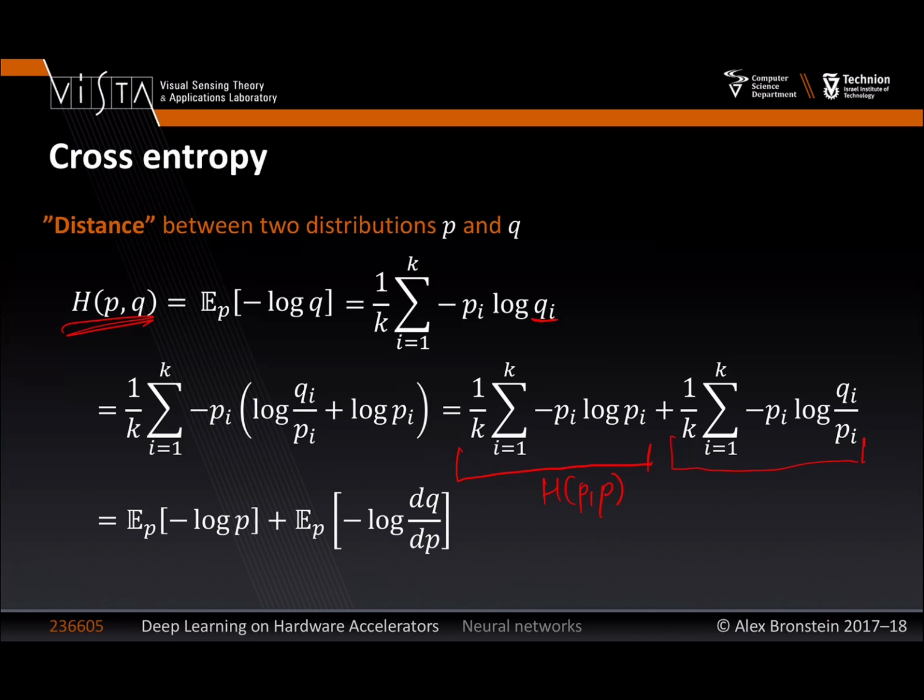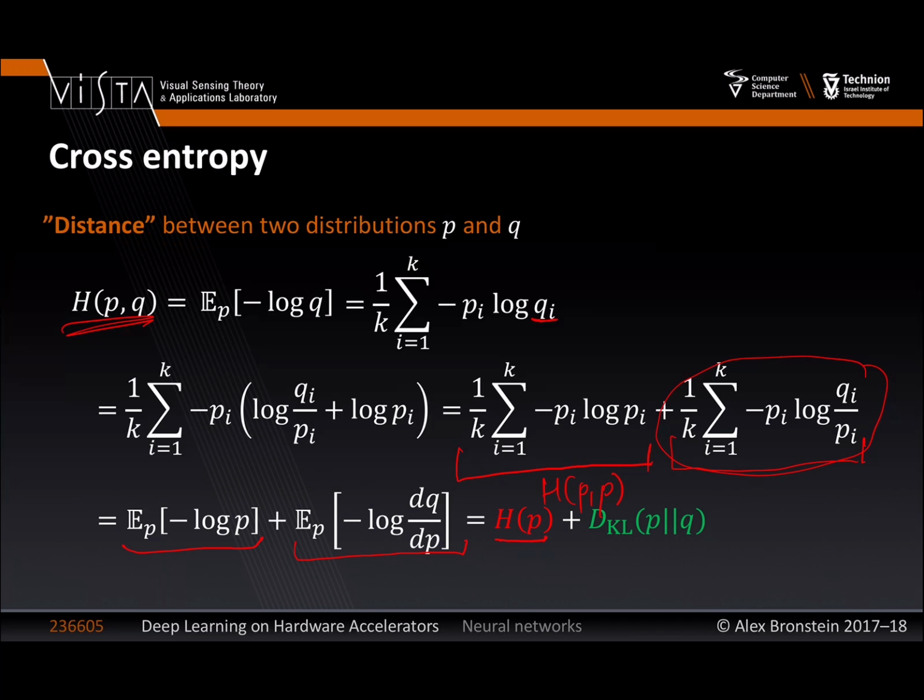This would be the expectation of minus log p with respect to p, and the expectation of minus log q over p in the discrete distribution. If it is a general probability density, I should write what is called the Radon-Nikodym derivative, basically, of dq over dp. But since we are dealing with discrete distributions, it's just what is written here, and we don't need these things.